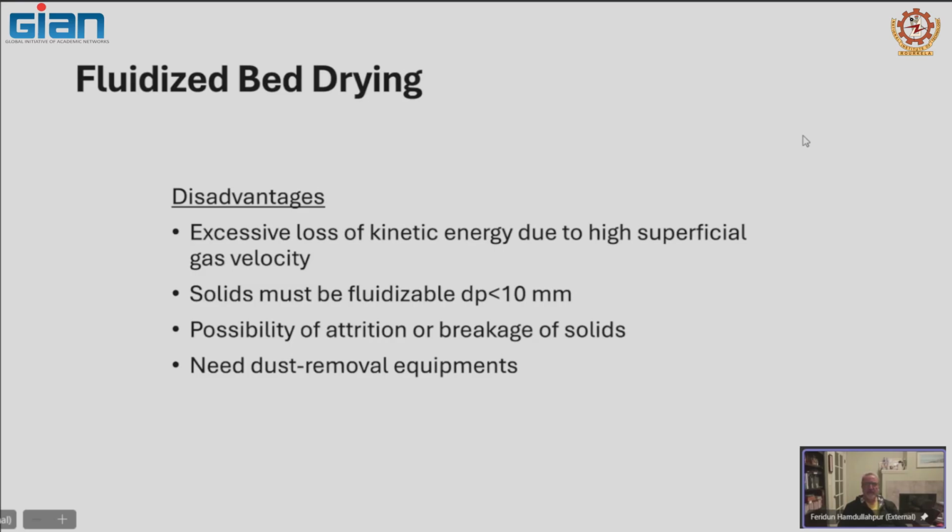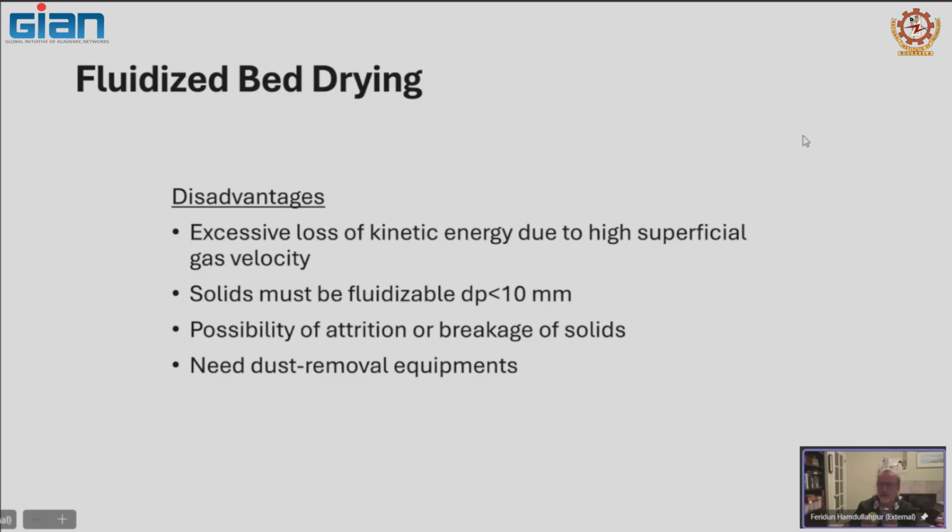There is something we didn't talk about, but I am hoping that you're familiar with the term attrition. Attrition is because it's a bed of solids, and especially if they're not perfectly round, when they touch each other they break pieces off each other.